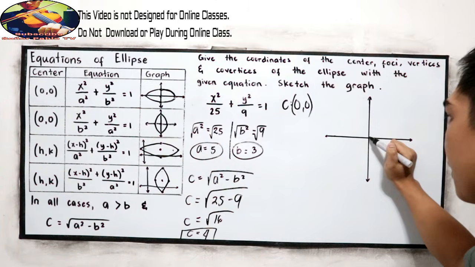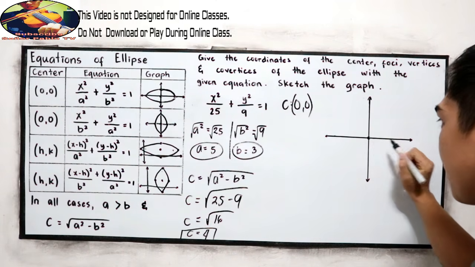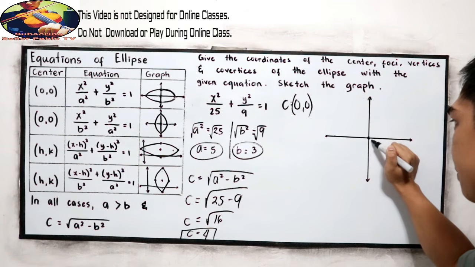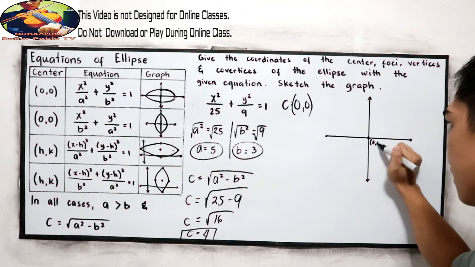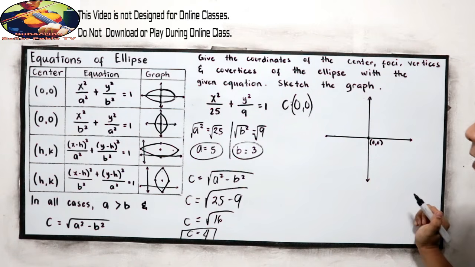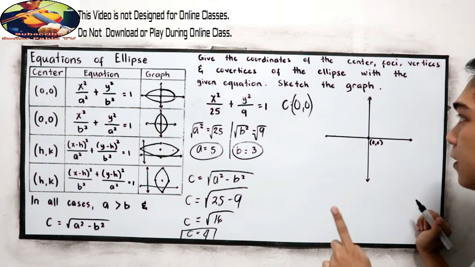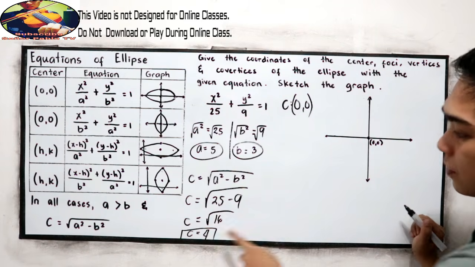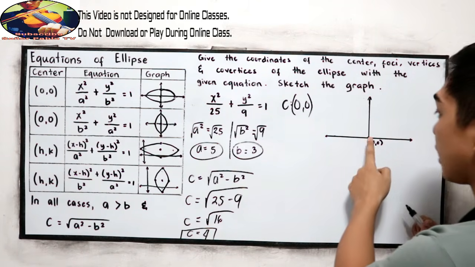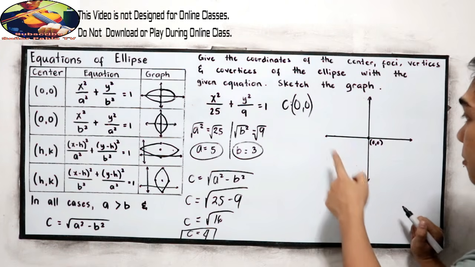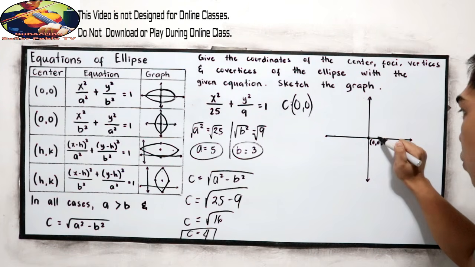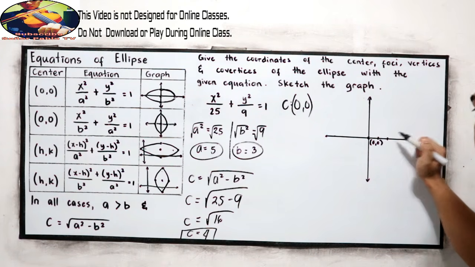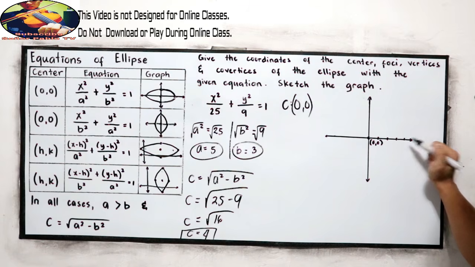From the center, our center is 0, 0, let us find the foci. So that means from the center, 4 units to the left and 4 units to the right. So this is 1, 2, 3, 4.